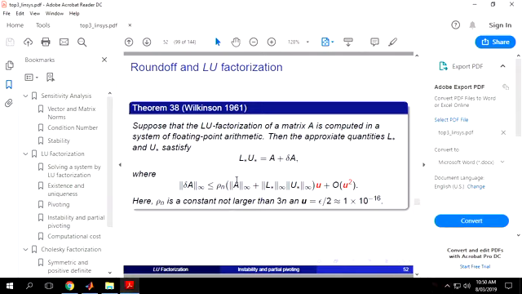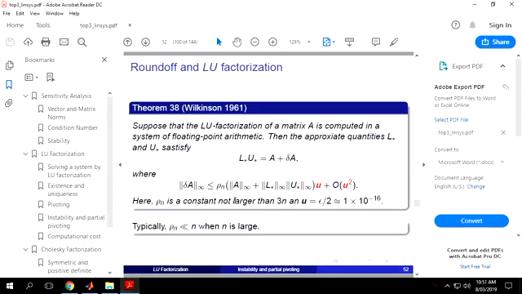because of this theorem. So this theorem just says that when you have the LU factorization, you introduce some errors to the matrix, okay? Then this is the one that you computed inside the machine, the L star and the U star, okay?